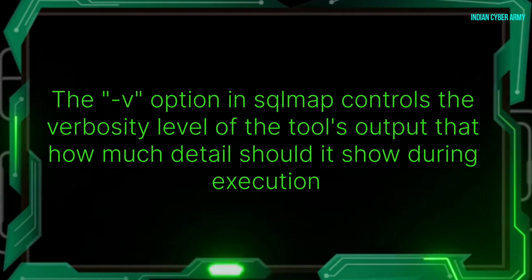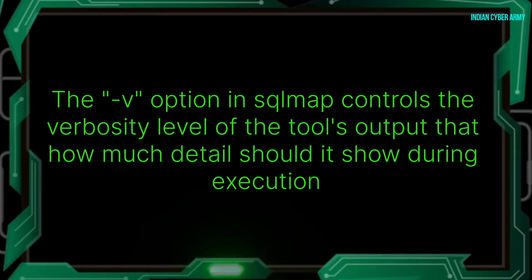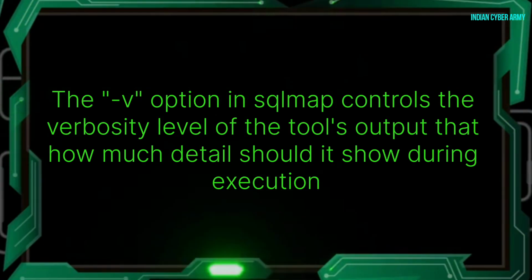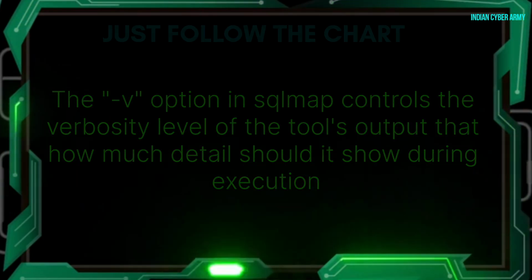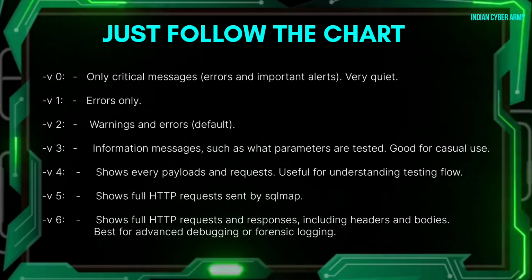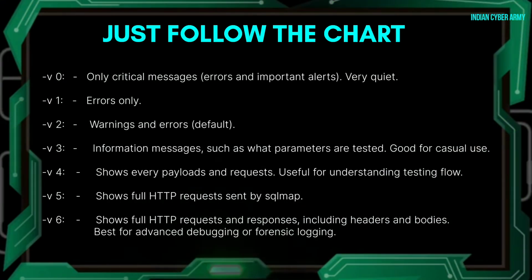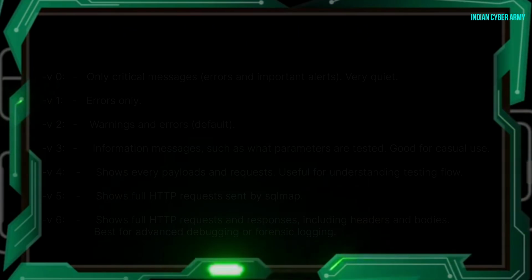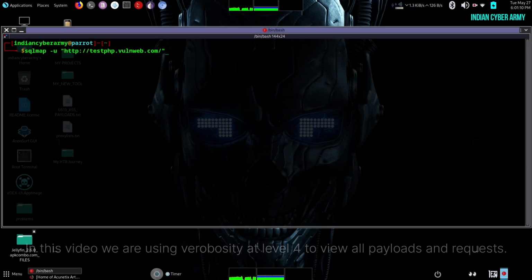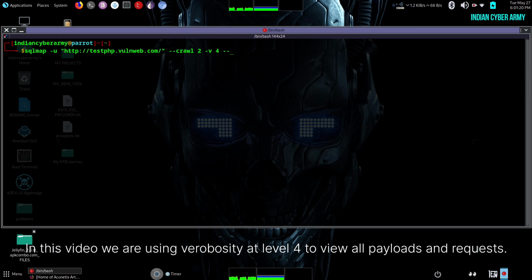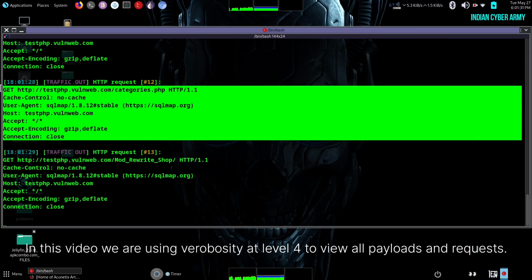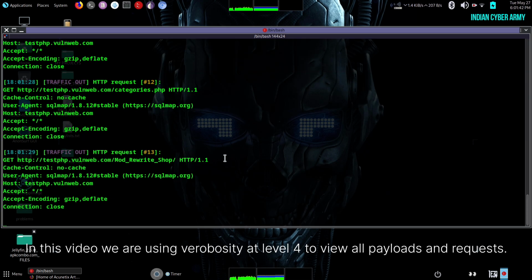The -v option in SQLMap controls the verbosity level of the tool's output, that is, how much detail it should show during execution. Just follow the chart. In this video, we are using verbosity at level 4 to view all payloads and requests.